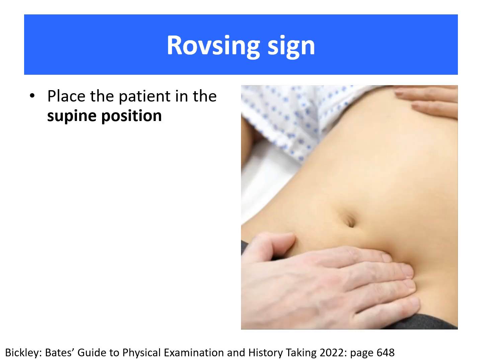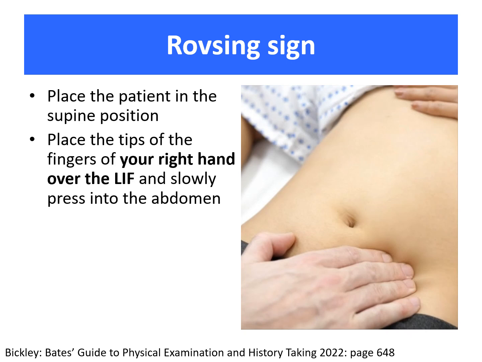The next sign that is associated with appendicitis is your Rovsing sign. Place the patient in the supine position. After you explained what you're about to do and gotten permission, expose the abdomen adequately, you're going to place your examining hand in the left iliac fossa, and you are going to press down ever so slowly in the left lower quadrant.